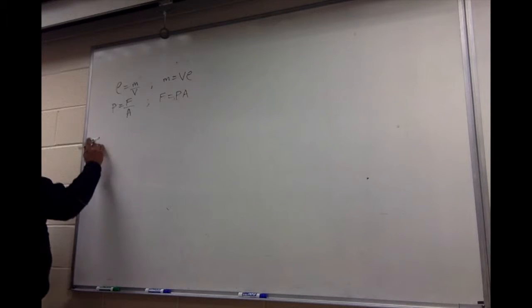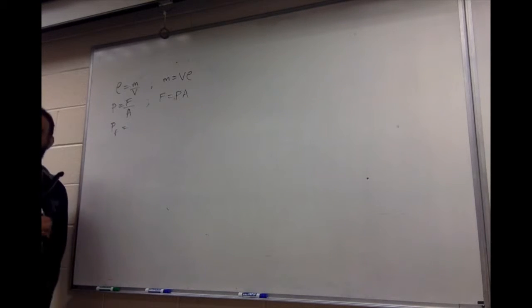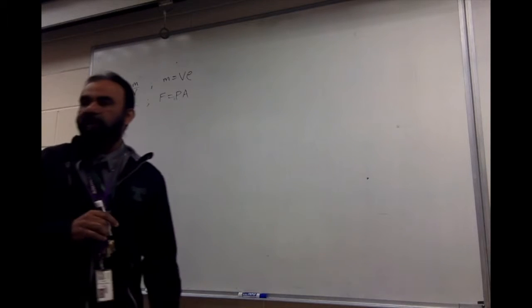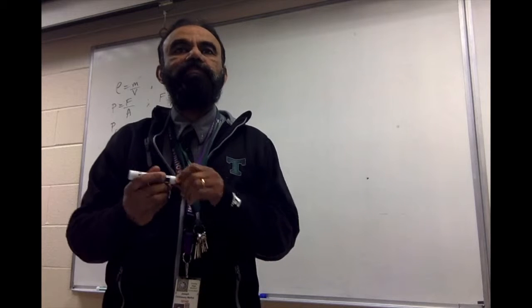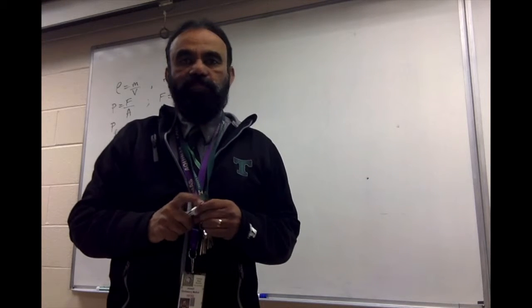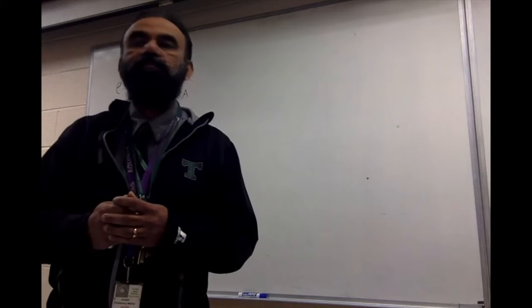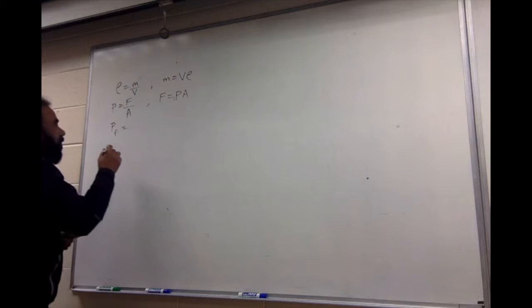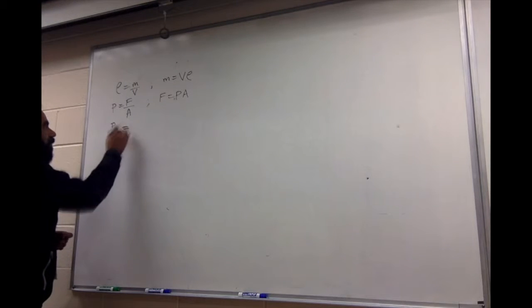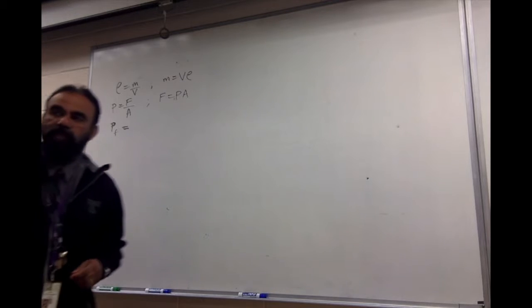And then we did the pressure in fluids. What's the pressure as you go down in a fluid? What is that equation? Not P equals F1 divided by A1 equals F2 divided by A2, and not P atmosphere.